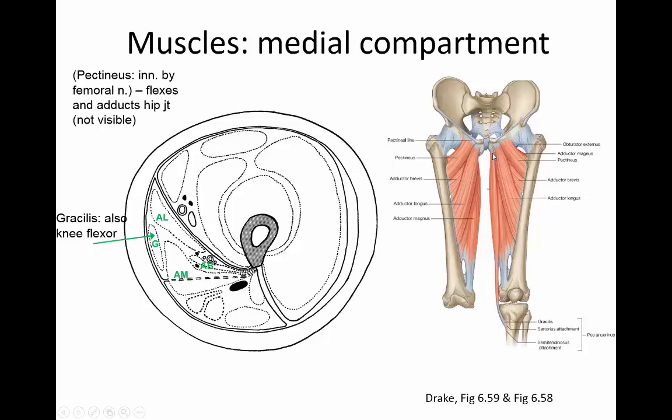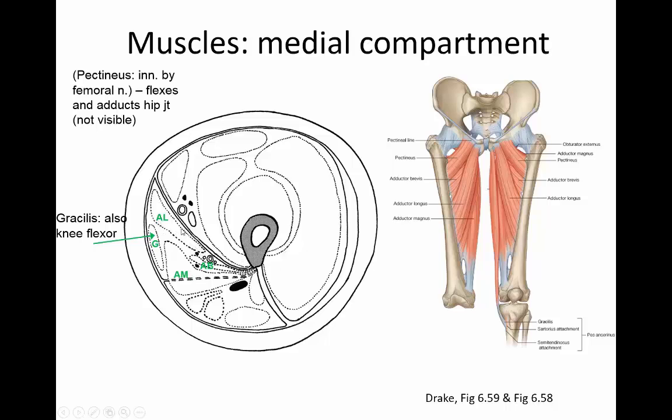We have the gracilis muscle. This is also a knee flexor. So it attaches posterior to the knee at that pes anserinus or goose foot landmark and causes knee flexion. Other muscles, we have the adductor longus.